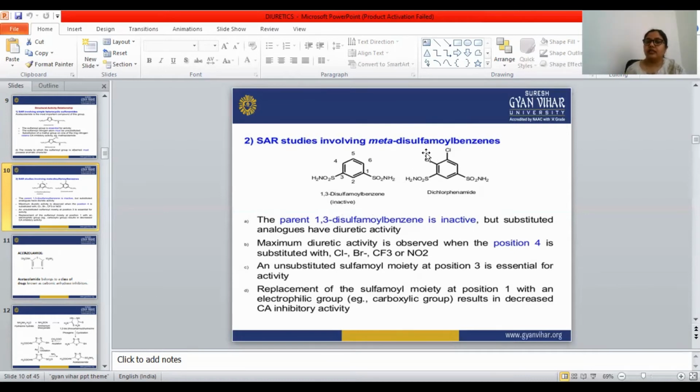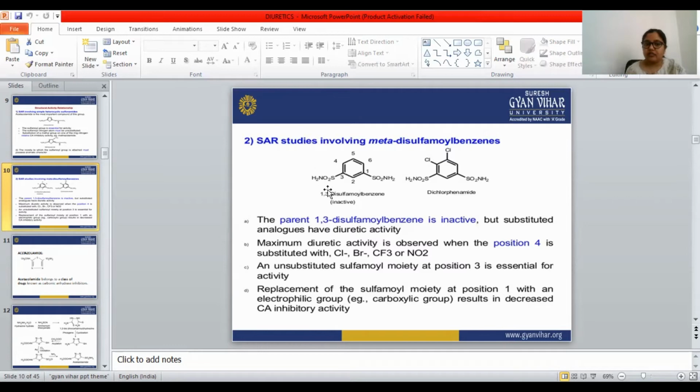This drug's name is dichlorphenamide, and the parent drug is inactive. So if we introduce a chloride, bromide, CF3, or NO2 group at the 4th position, that shows the maximum diuretic activity.